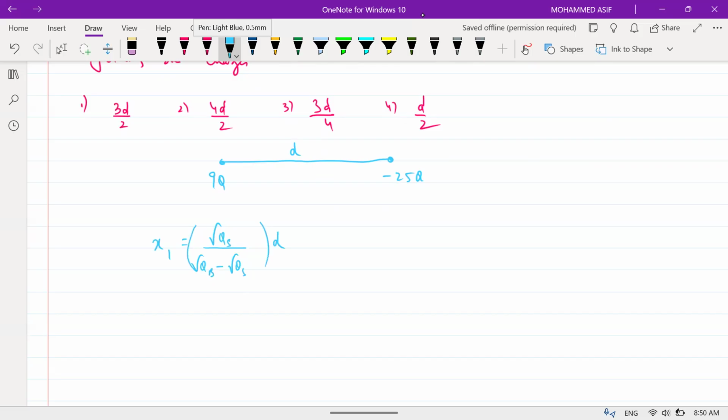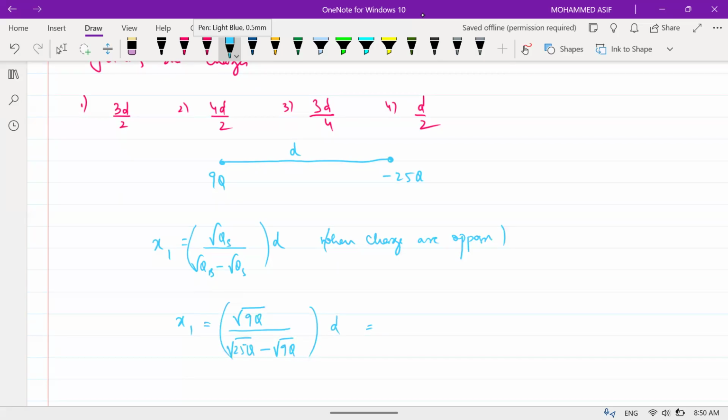Not to be used when they are in opposite charges. When charges are opposite, we use this formula. What is the smaller charge here, beta? Smaller charge is root of 9q divided by bigger charge, root of 25q, minus root of 9q, multiplied by distance d.